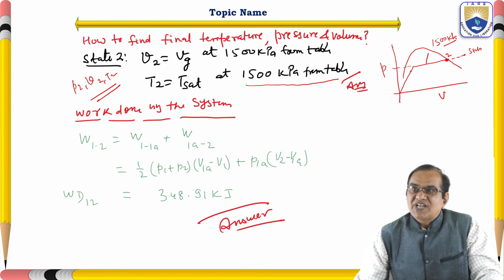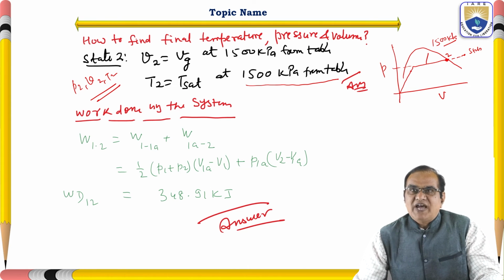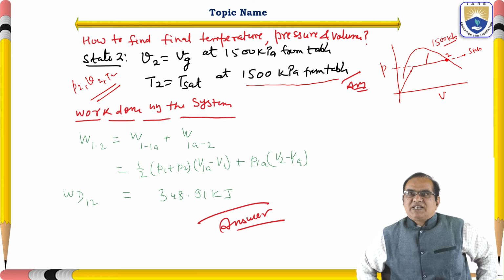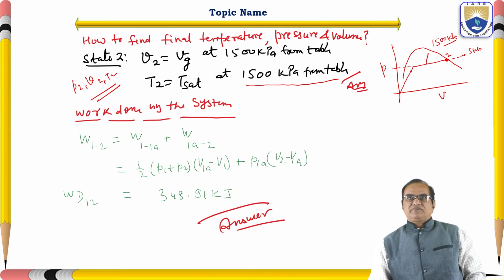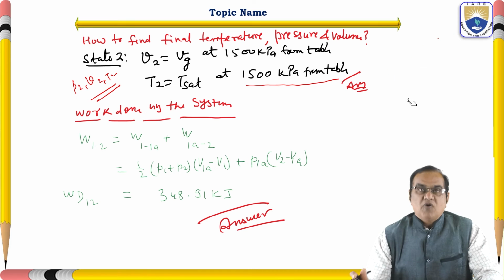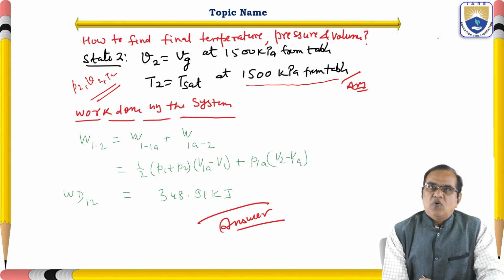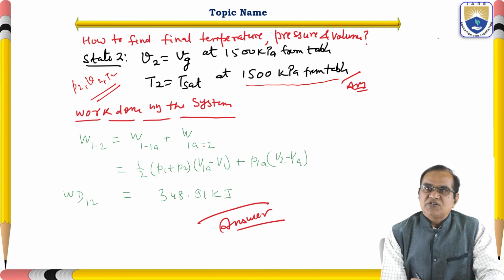Now the next task is to find out the work done by the system. So here we can see that the work done W12 is equal to W1-1A plus W1A-2.